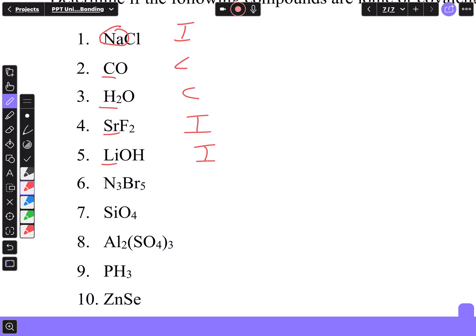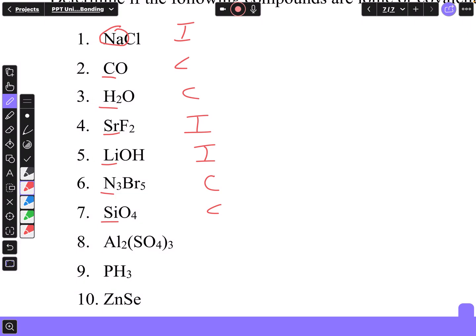Number 6, N3Br5. N is nitrogen. It is a nonmetal. So on the right side of the stair-step line, this would be covalent. Number 7, first element, silicon, is a nonmetal. It's on the right side of the stair-step line. So this will be a covalent compound.